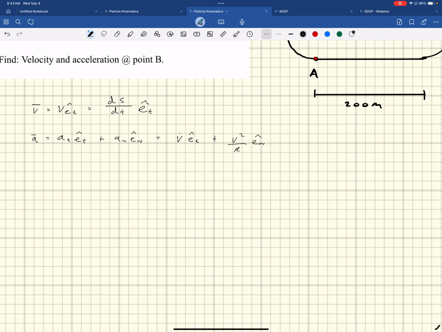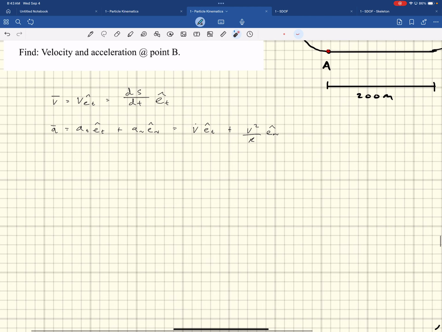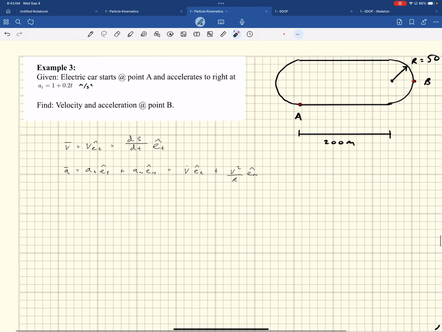So this is going to be my answer at the end: a velocity in the e_t direction, and an acceleration with both components, a change in speed in the e_t direction plus this centripetal acceleration component. Okay, now we have a plan, so let's dive in.